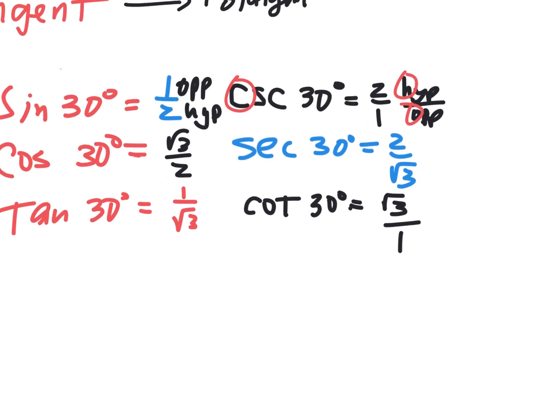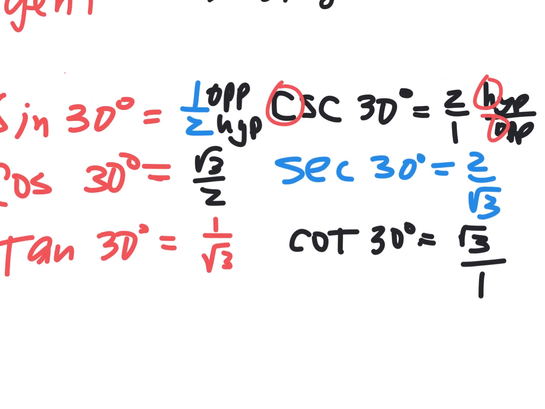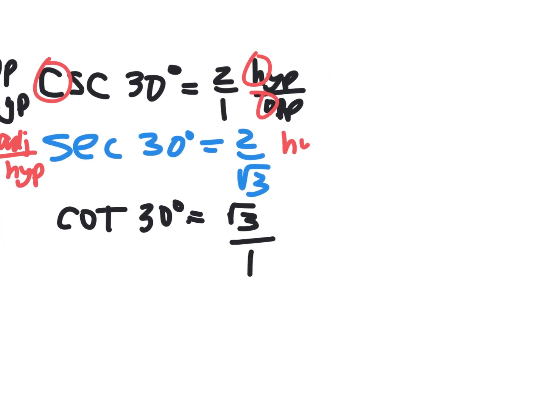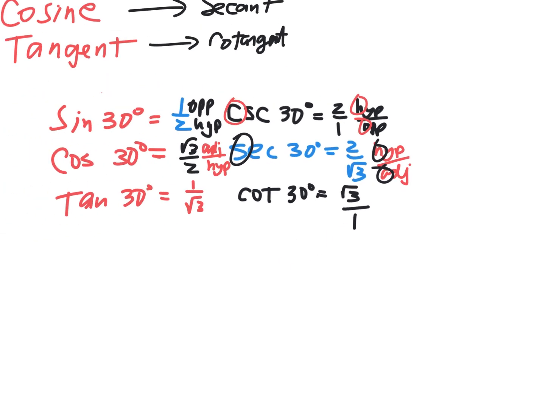And then this one is cosine is CAH, adjacent over hypotenuse. So this one's going to be hypotenuse over adjacent. SHA. And then TOA.